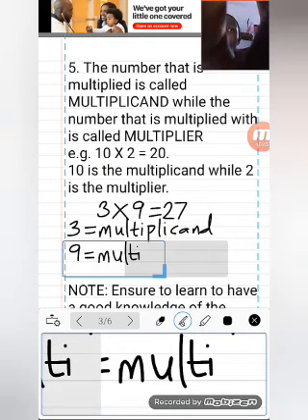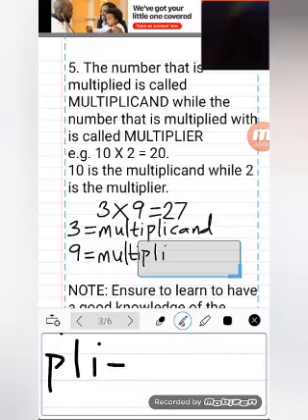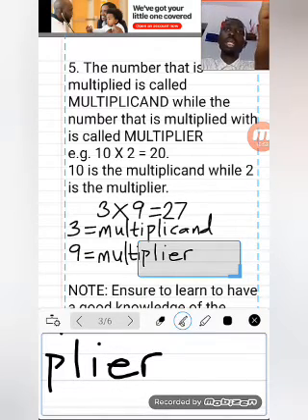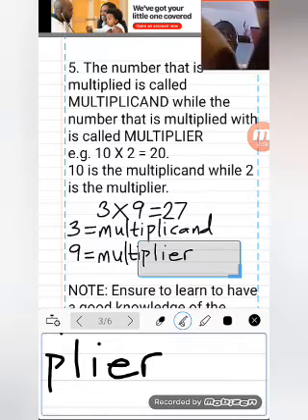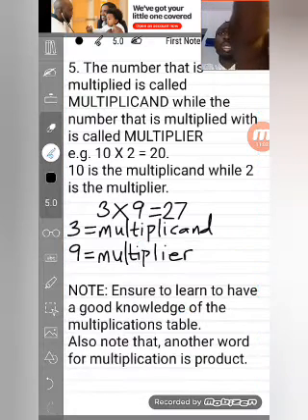So sometimes when they speak to you and you don't really get what is meant, remember these terms. The 3 is the multiplicand, while the 9 is the multiplier. So those are the facts in multiplication.